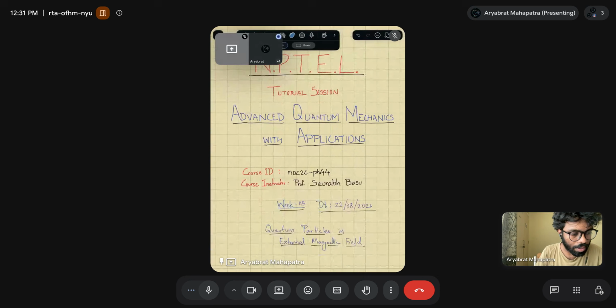So today we are going to talk about quantum particles in some external magnetic field. We will be dealing with time dependent quantum systems, and particularly we'll see how, when a quantum system is coupled with an external magnetic field, quantum particles behave and evolve.